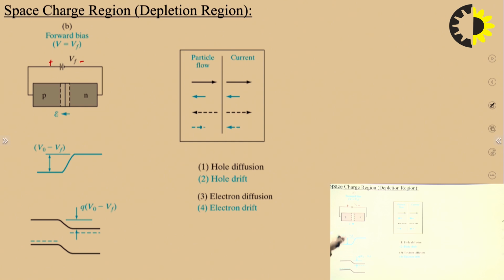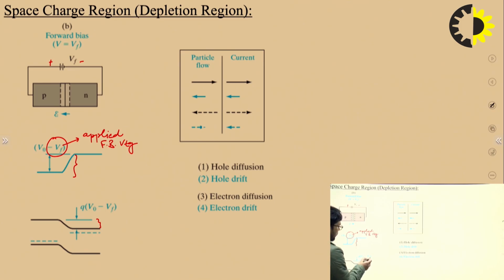In the forward bias case the depletion layer will be decreased, and the barrier height will be reduced by the amount of V0 minus Vf, where Vf is the applied forward bias voltage, right? So as you can see here, this is a reduced contact potential, or a reduced potential barrier, right.